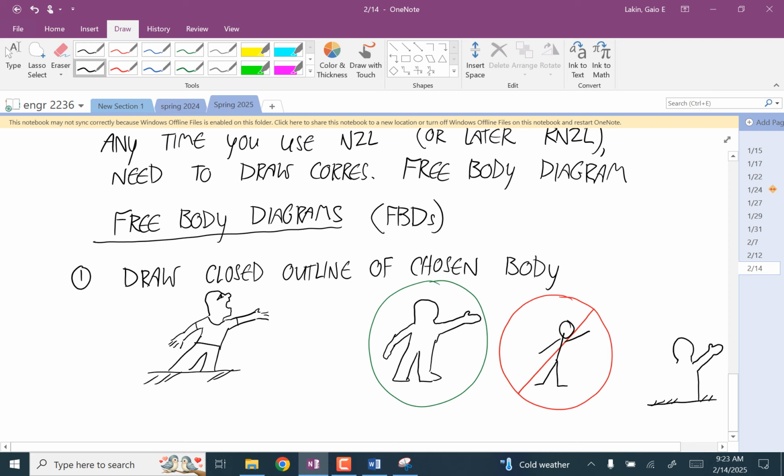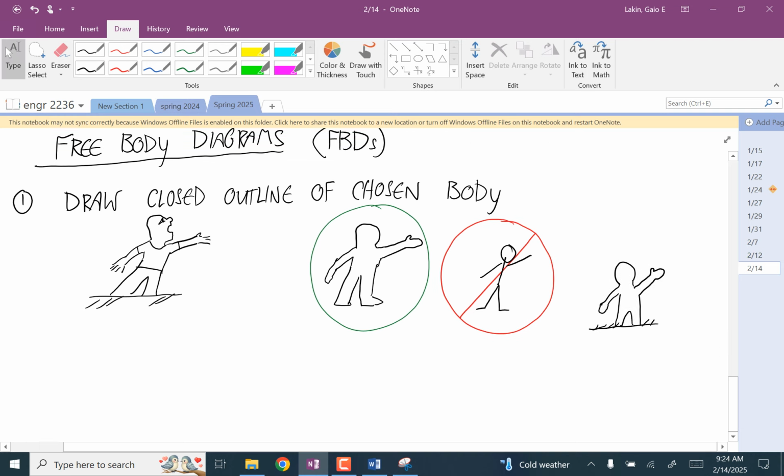I'm already getting tired of drawing this guy. This one is no good because you don't want to draw anything external to the object, okay? That ground, it's like, wait, are we including the top layer of the ground in our free body?